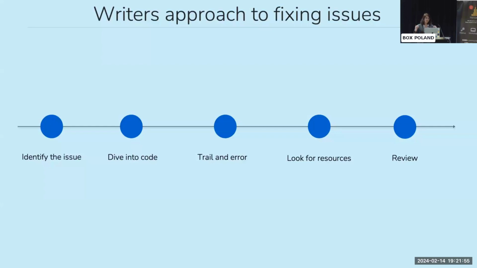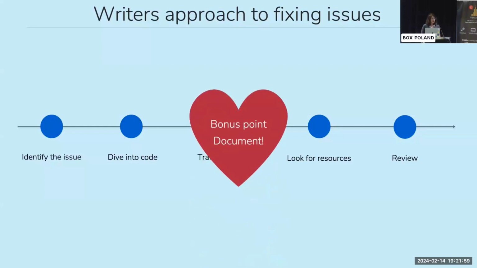Of course, we are not developers, but at least we can try, right? And a bonus thing here is to document it, for other writers, right? So basically, you can document the process, and the other writers or anybody who approaches problems can fix them as well.